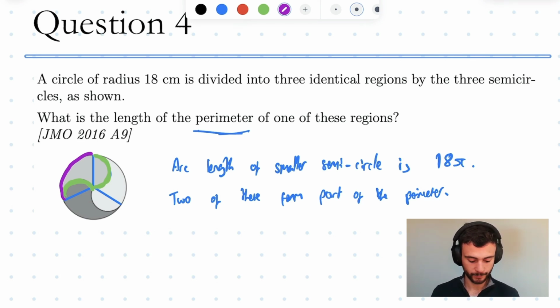Now, we know the radius of this larger circle isn't going to be 18. From the center to the circumference, the diameter of one of those smaller circles will be the radius of the larger circle. So it's going to have a radius of 36 centimeters.